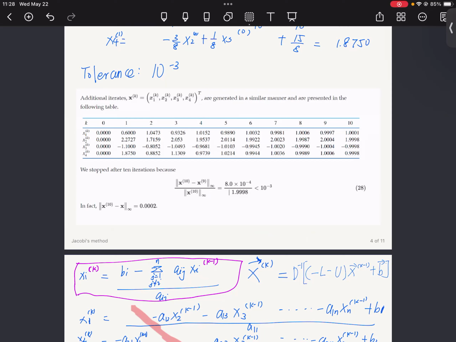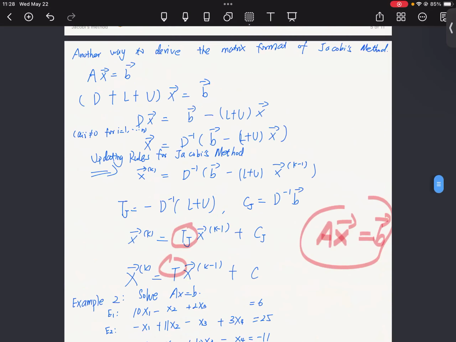But here, this is Jacobi's method, and it requires 10 iterations to satisfy such a stopping criterion. If you compare that to Gauss-Seidel, we just need 5 iterations.